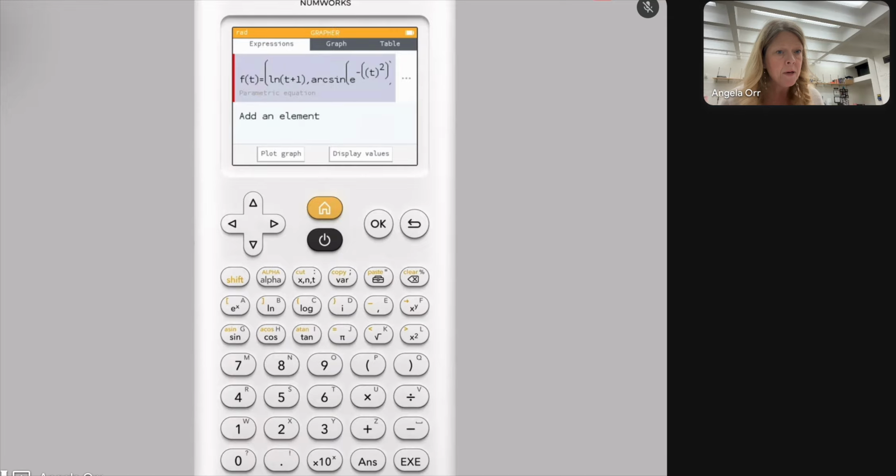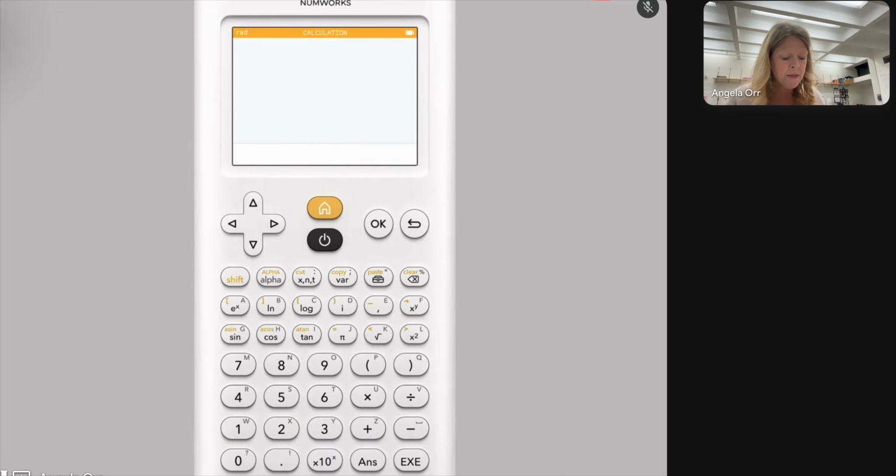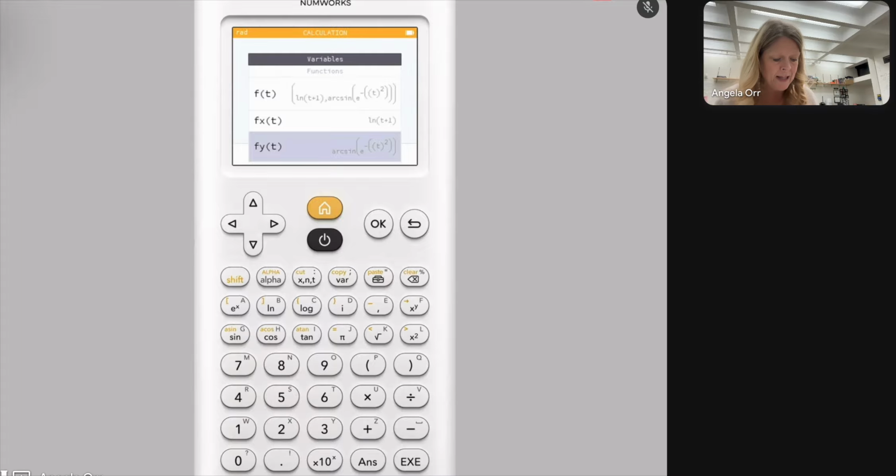Okay, so now I'm going to go to the home screen and then back to the calculation app. In the calculation app, I want to take my dy/dt, which I've stored in the y component, and my dx/dt, and divide them. So I'll hit the vars key, go under function, and grab the y component, that arcsine function.